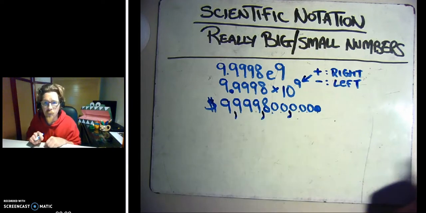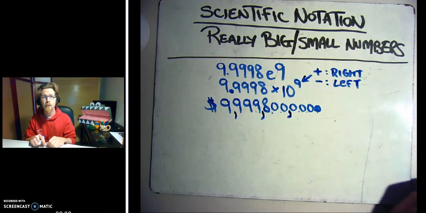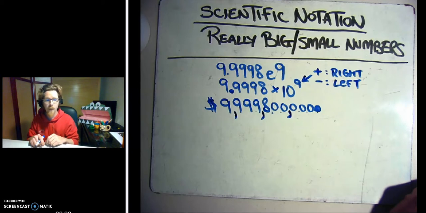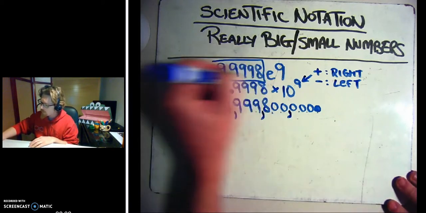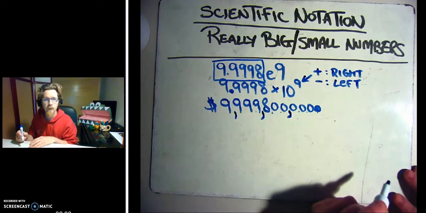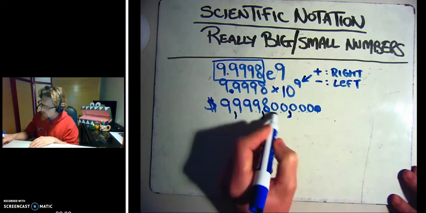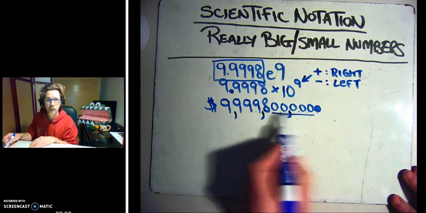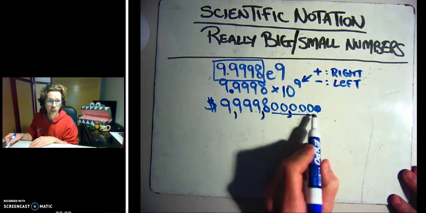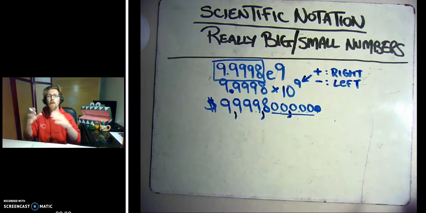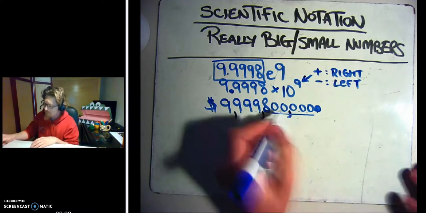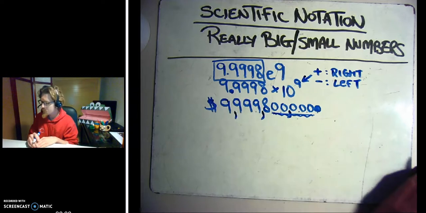Now another thing to be cautious of is this might not actually be the exact amount of dollars I have, because my calculator screen was limited to only take it to 4 decimal places. I end up with zeros here, so I might actually have a couple of thousand more dollars than what this is telling me. But because this number is so big, we kind of just don't worry about this.